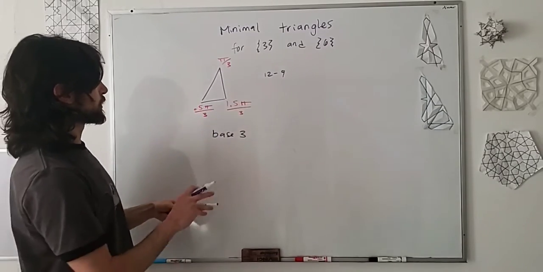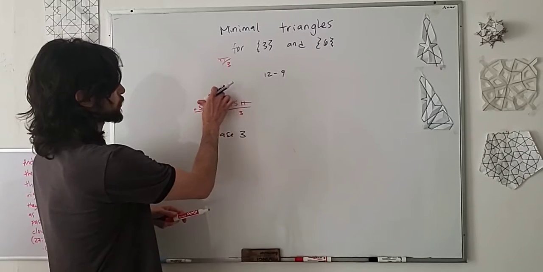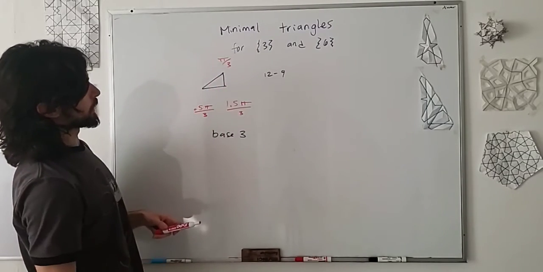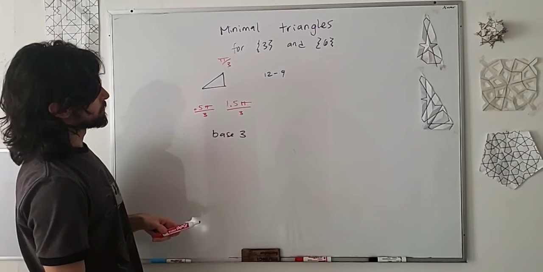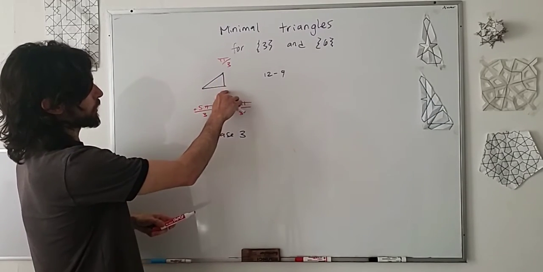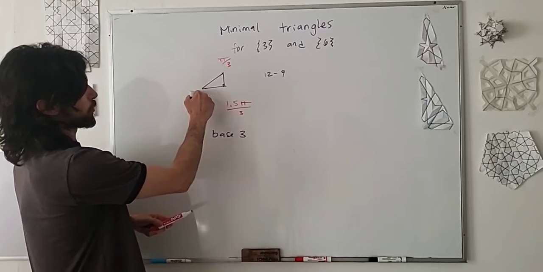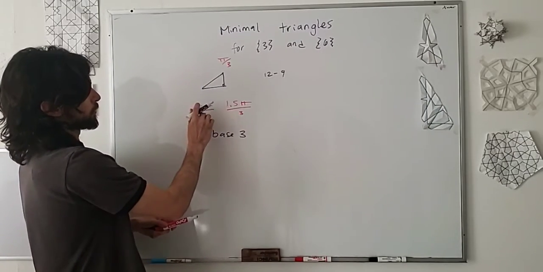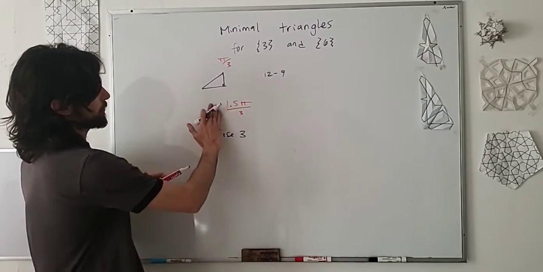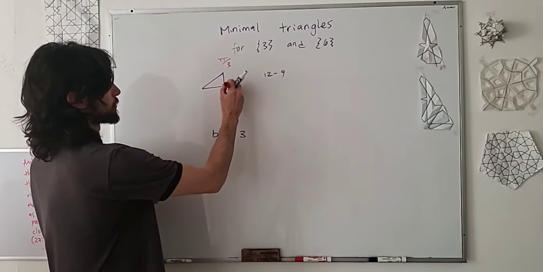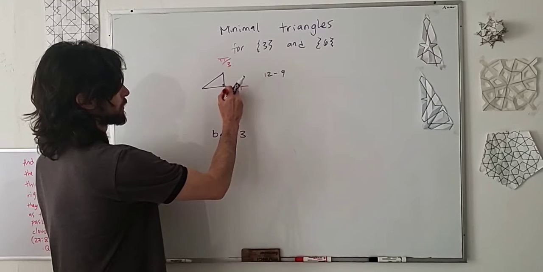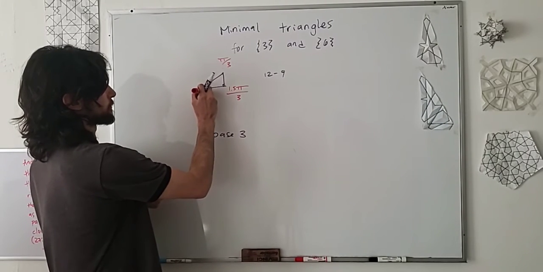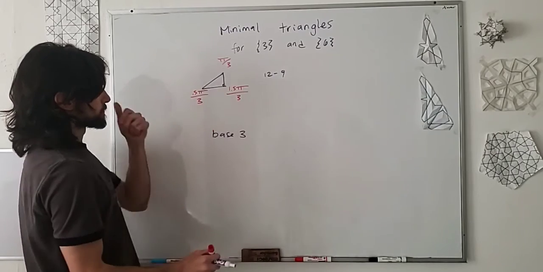Actually, this is not drawn properly. Rather, this would be the short one. It looks a little bit like that. That's where the 1 is, that's where the 1.5 is, and this is where the 0.5 is. So it's slanted, which is also what makes it different. So here's 1.5 pi over 3, and here we have 0.5 pi over 3.